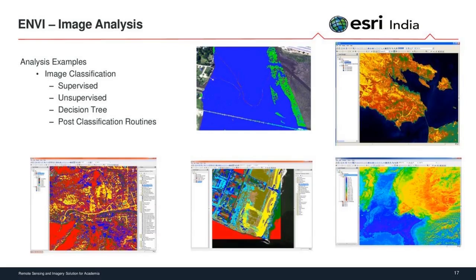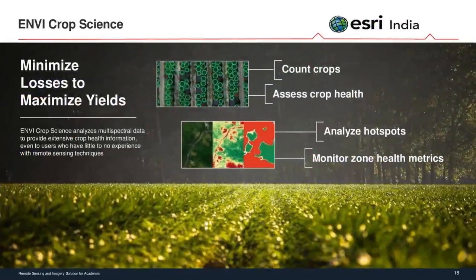For unsupervised, ISODATA and k-means are supported within the software. And the best part is you can do post classification checking and analysis for recorrecting your results, so as to give more insights and more accuracy to the classification that you have performed.